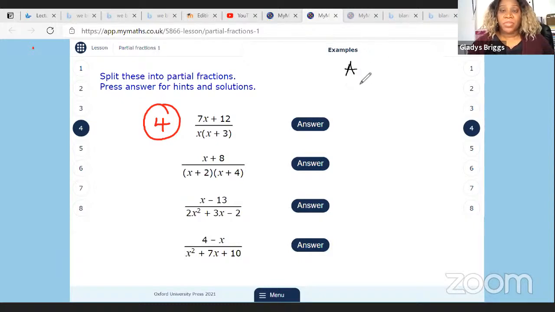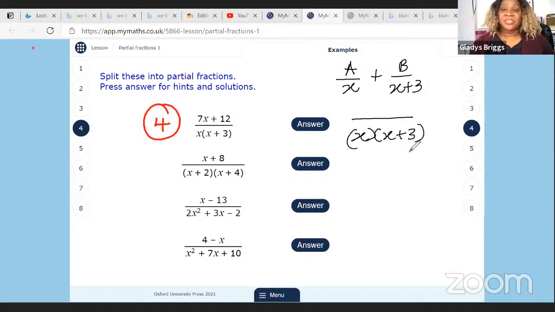A over X plus B over X plus 3. Yeah? Then you divide it by X times X plus 3.